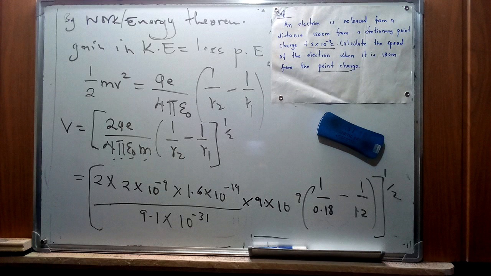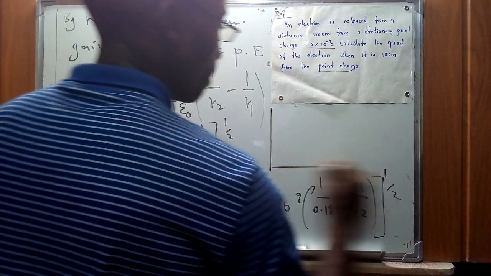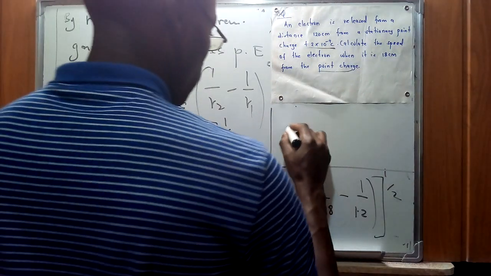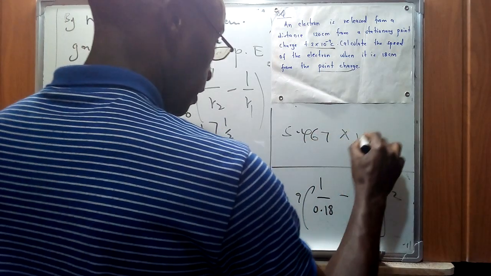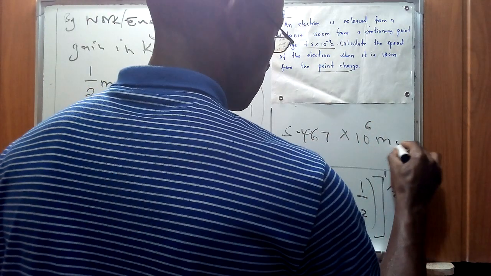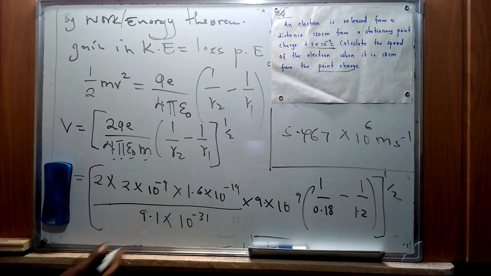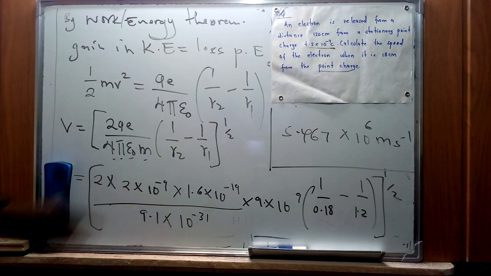So specifically this is going to give us the speed of an electron, which is going to be 5.467 times 10 to the 6 meters per second. So basically, because of the size of our space, I'll request us to just go and do a confirmation for the multiplication.